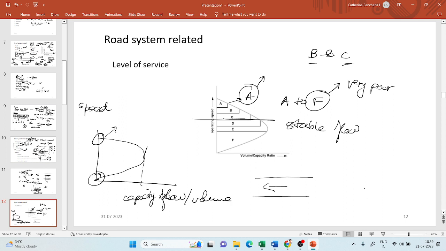which means the speed is zero, or it can also mean that my vehicles are not at all moving. That is, my road is jam packed.